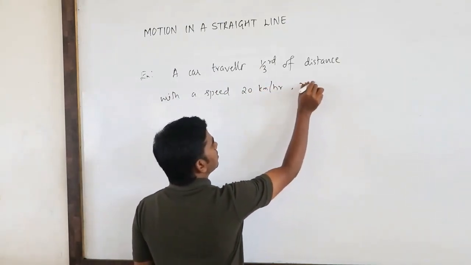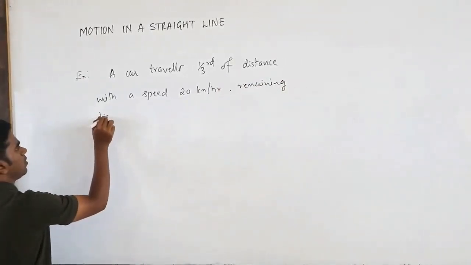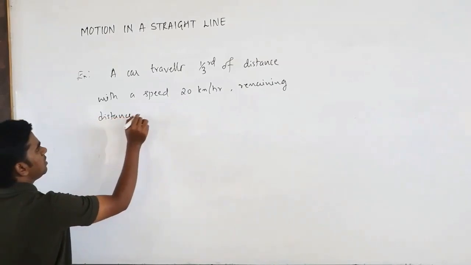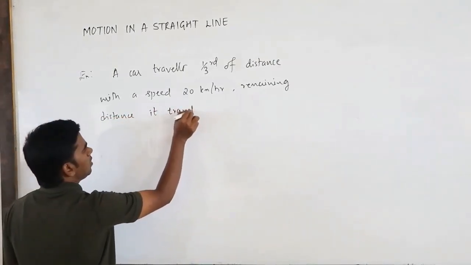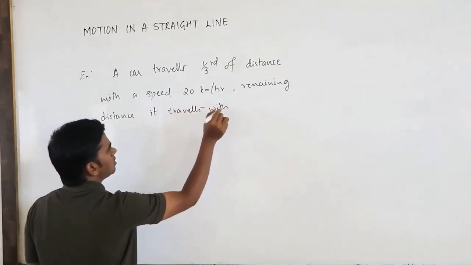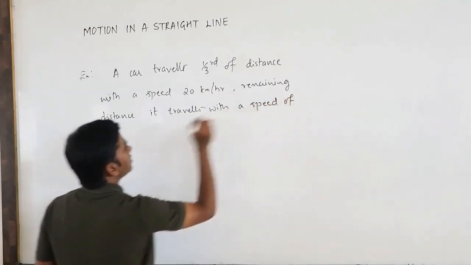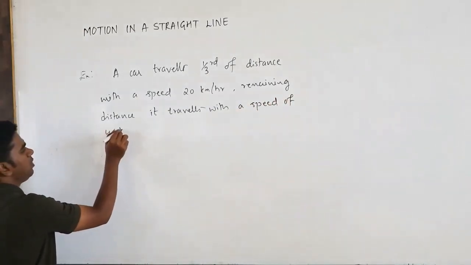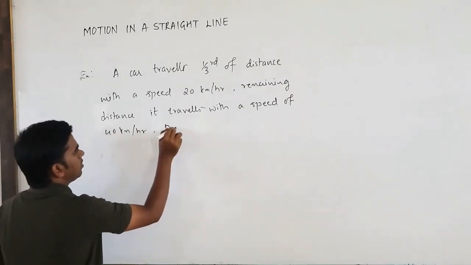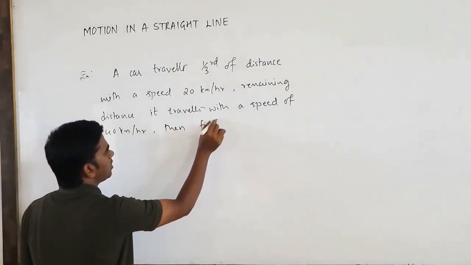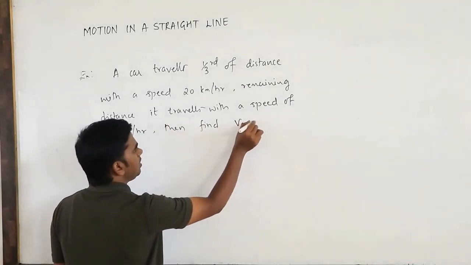The remaining distance it covers with a speed of say 40 kilometer per hour. Then find the average speed, V average.